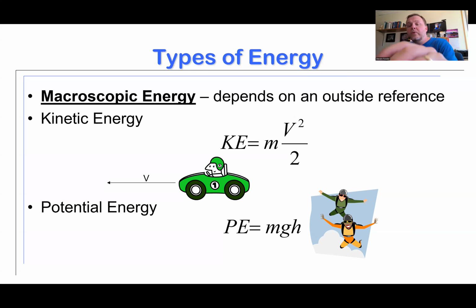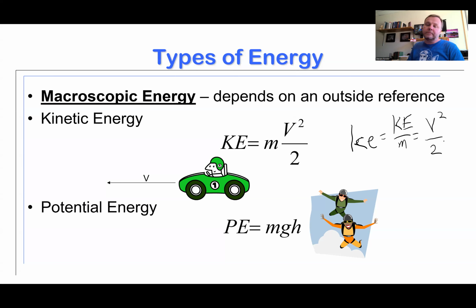And if you want to look at what we call the intensive version of that, lowercase ke, which is capital KE divided by mass, is just going to be speed squared divided by 2.